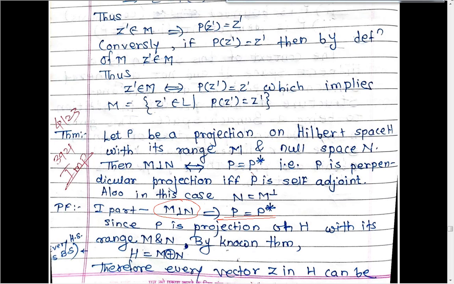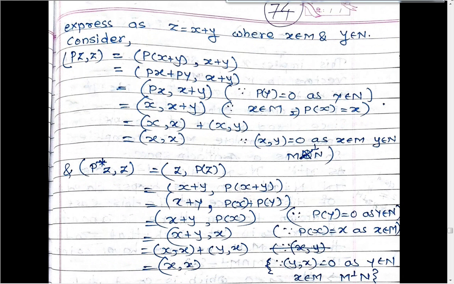Therefore, every vector z in H can be written as x plus y, where x belongs to M and y belongs to N.